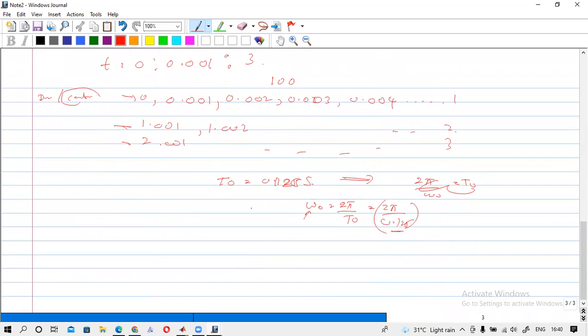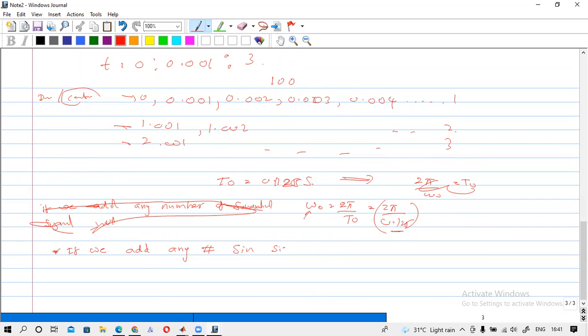So what is our observation? If we add any number of sinusoidal signals with the same frequency, we get a sinusoidal signal with the same frequency.